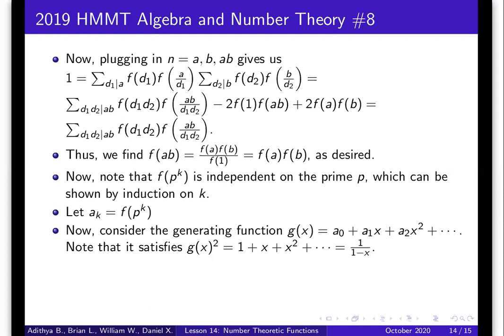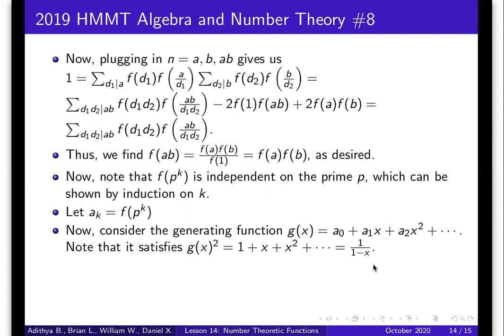And so if you look at it in this way, if you think about squaring the generating function, then you get exactly the terms that you have on the left-hand side. And on the right-hand side, your identity tells you that it has to equal 1 plus x plus x squared plus all the way up to infinity, which is 1 over 1 minus x.